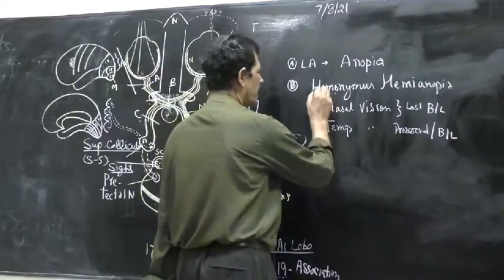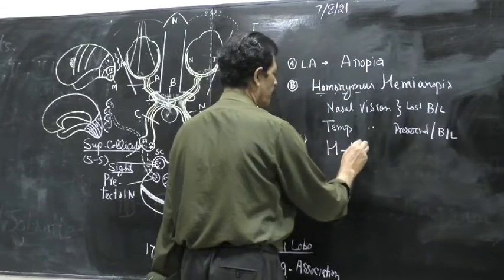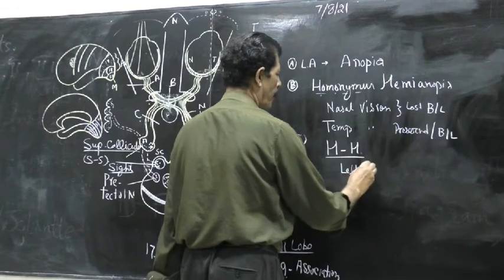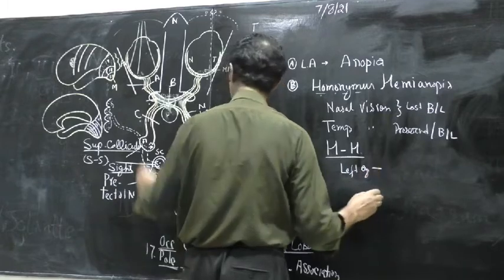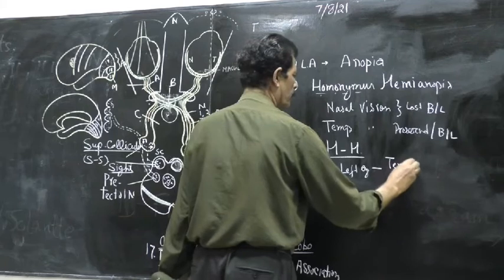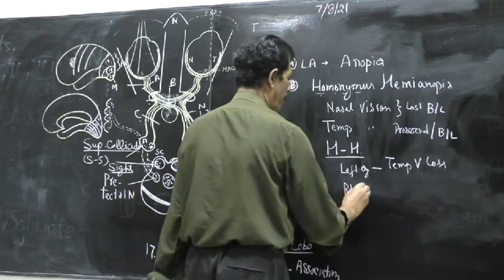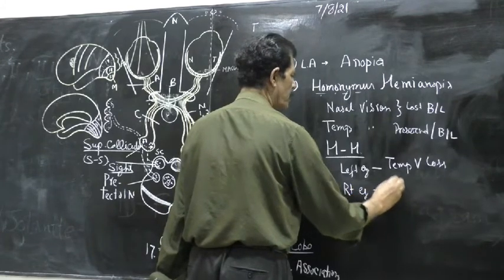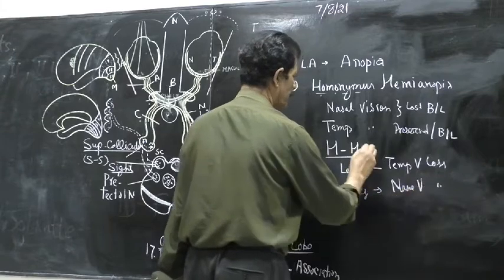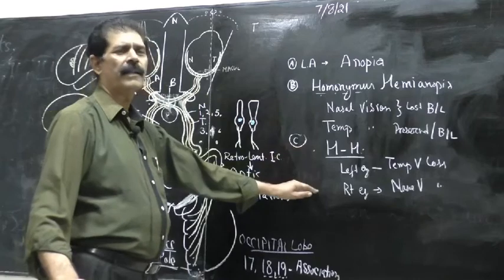So this condition is again called homonymous hemianopia, because in the left eye there is a loss of temporal vision, and in the right eye the nasal vision is lost. Such a condition is again called homonymous hemianopia of the right side and left side.